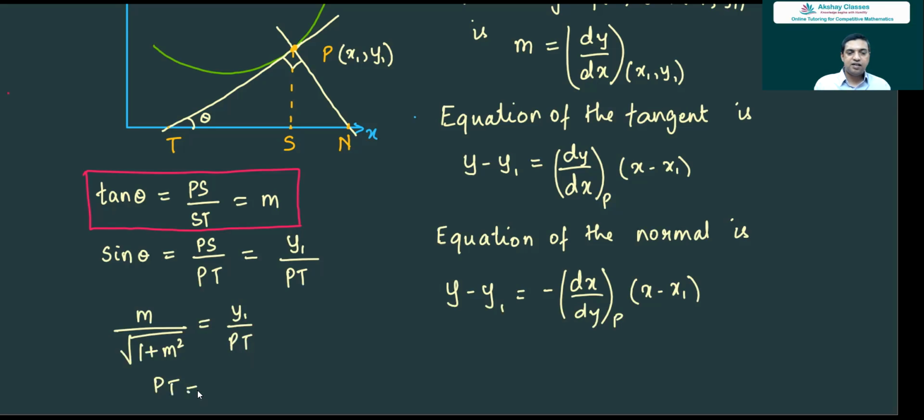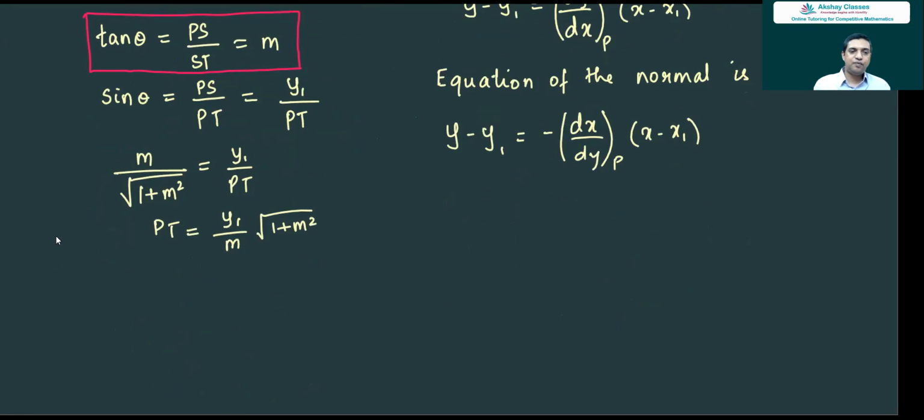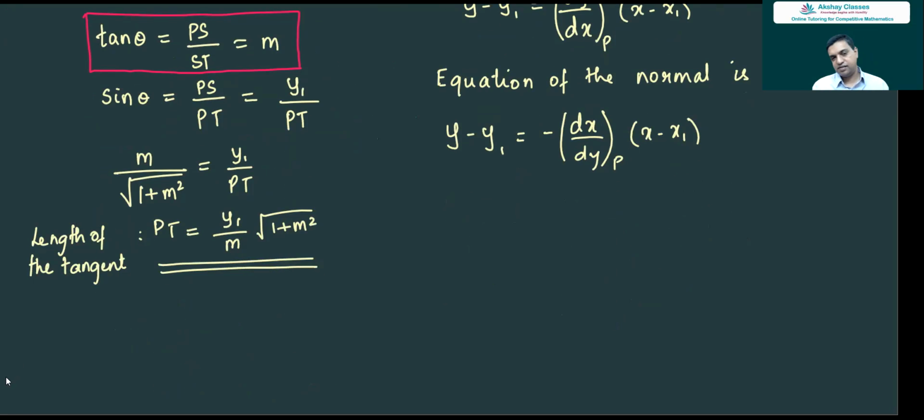So PT, the length of the tangent, is y upon m into root of 1 plus m square. This is the length of the tangent, from the point on the curve to the point where it cuts the x-axis.